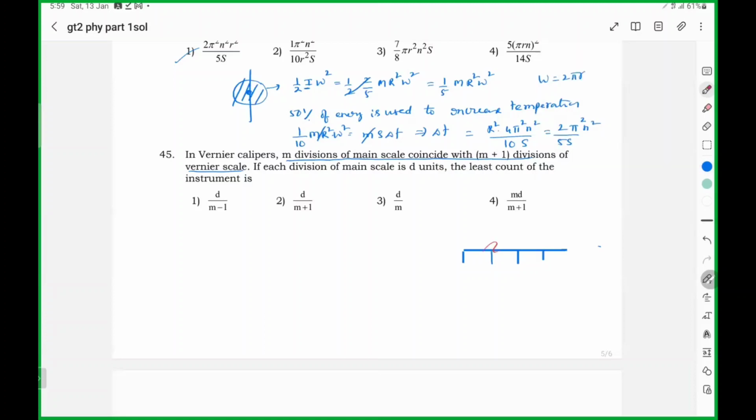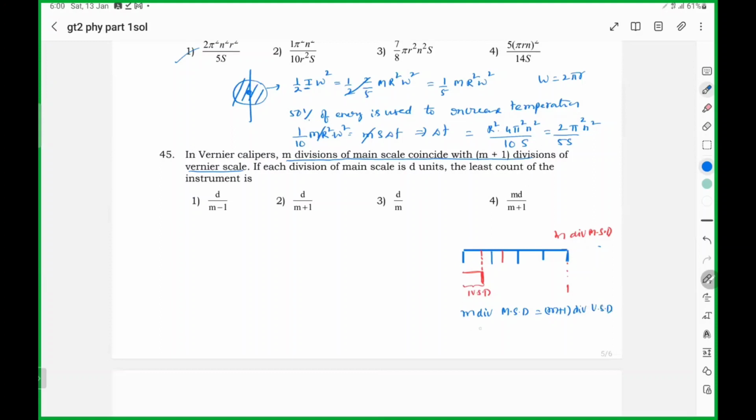So this is one Vernier scale division. Like this here, m divisions of the main scale divisions coincide with m plus 1 divisions of the Vernier scale division.